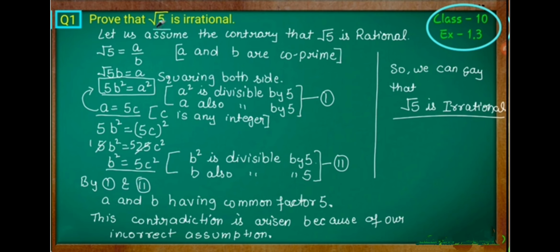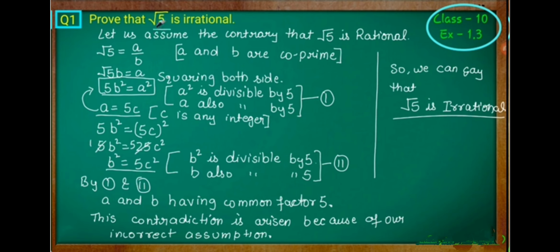Suppose a is 5c, and a square is 5b square. That's why we have written a square is equal to 25c square. Now we can say that 5b square is equal to 25c square. This implies we can cancel 5 from 25. So we have b square is equal to 5c square.